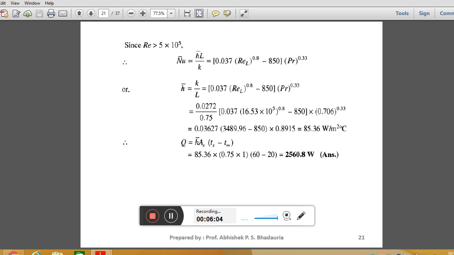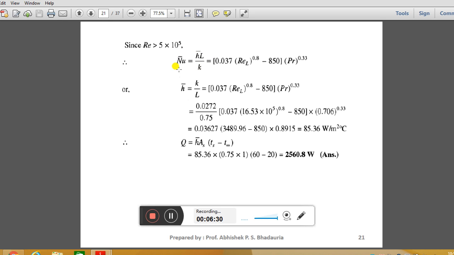So put the value of Reynolds number and Prandtl number in this expression, so you can calculate Nusselt number, and Nusselt number is equal to hL by k. So what does this indicate? Nu bar indicates the average value of Nusselt number. For calculating average value of Nusselt number, we need to calculate h bar, that is the average value of convective heat transfer coefficient.